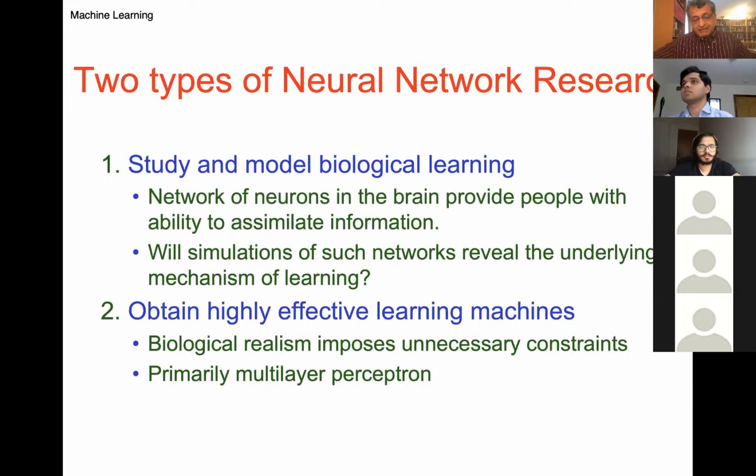But most of the motivation for machine learning is not from a biological research perspective, but to obtain highly effective learning machines. We argued earlier on, maybe I presented in the beginning, that the old methods of artificial intelligence based on programming it using logic rules and all that were infeasible.